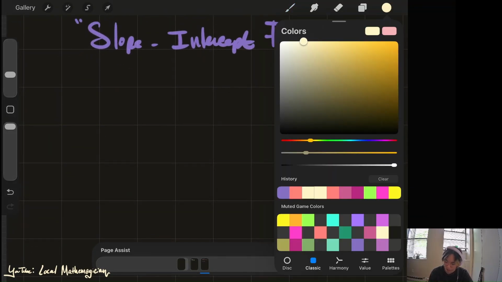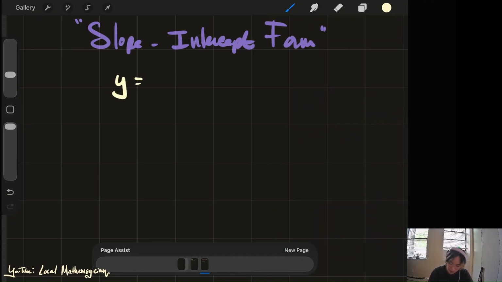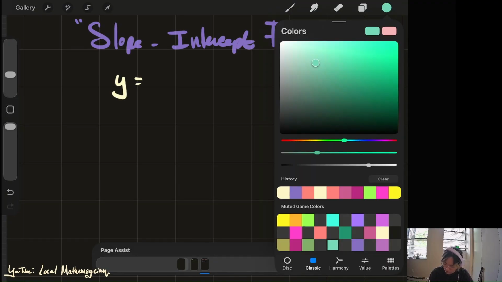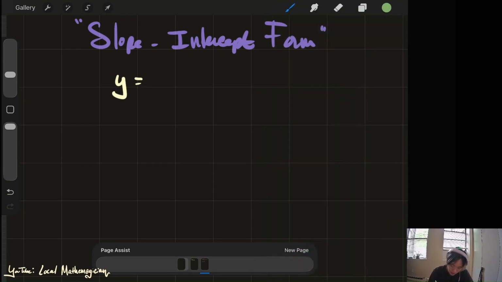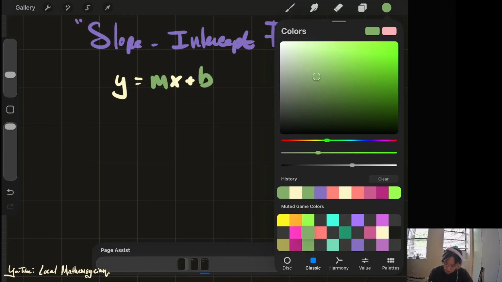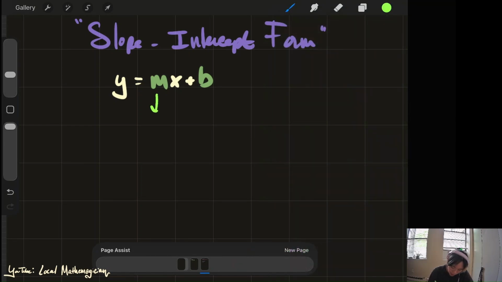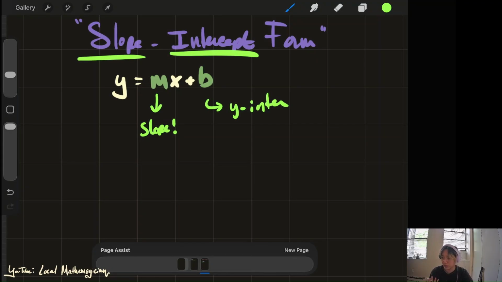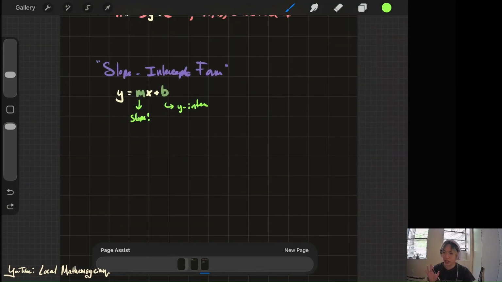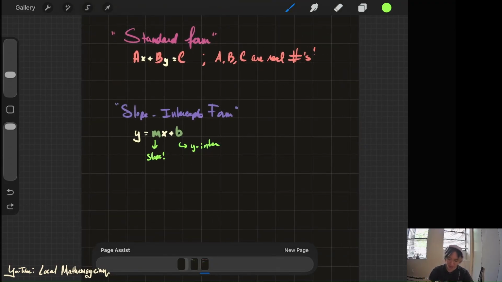The slope-intercept form is going to look like y is equal to mx plus b, where your m is your slope and your b is your y-intercept, hence slope-intercept form, yeah? We'll get into the details of how these things work in a bit.